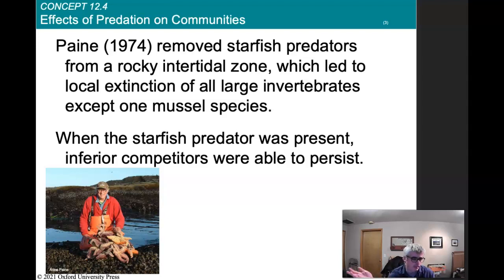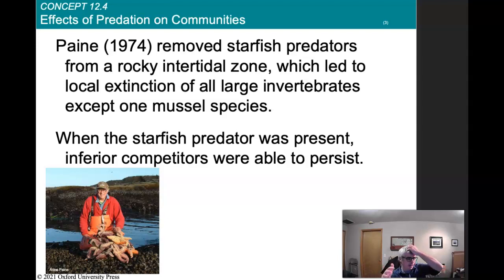where he'd go out and pull sea stars. It's a famous story, and there are a million videos about it. He'd pull sea stars from certain areas and see what would happen. And in that case, when you remove sea stars, mussels take over and fill up the entire space. They're 100% dominant. They outcompete everything else. When you have sea stars, they're keeping the mussels at bay, and that space is opened up for barnacles, limpets, all kinds of other stuff.